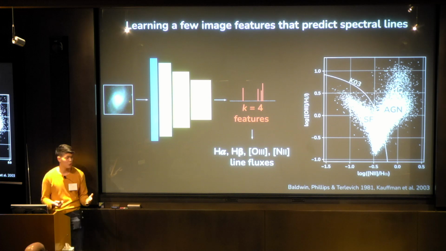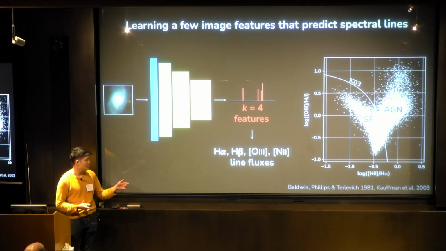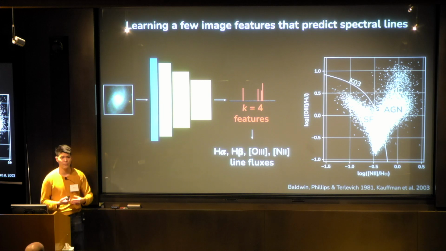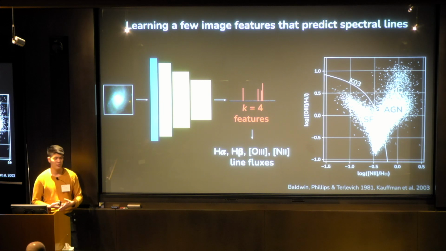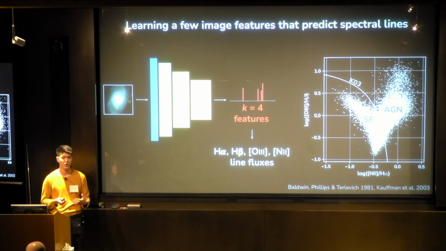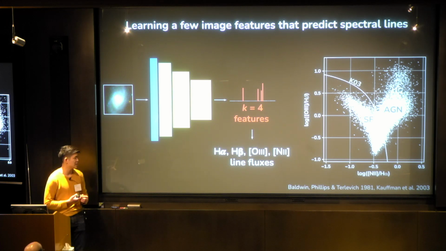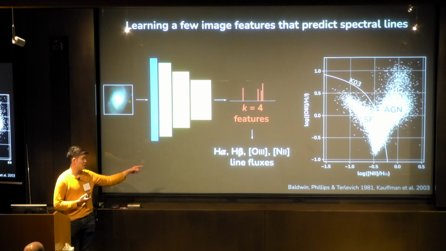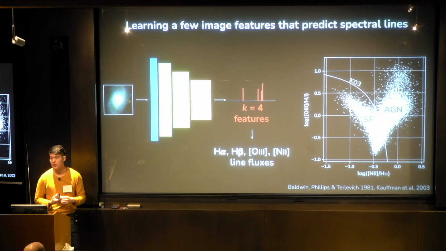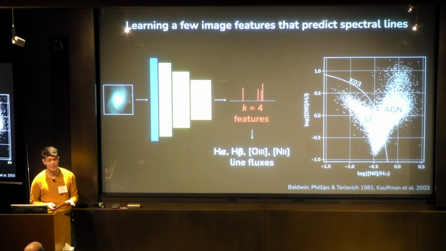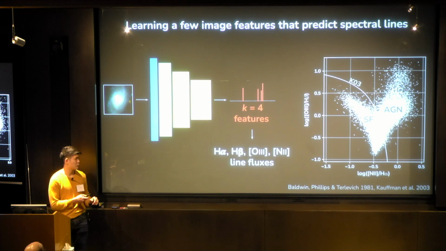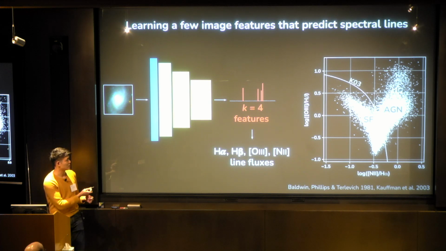This is commonly used as part of a BPT diagram, where you think about the ionization state of the gas, which could come from star formation activity within the galaxy, or it might come from accretion onto a supermassive black hole, or AGN. In fact, if you have higher ionization, more of the O3 over H beta and N2 over H alpha, you tend to get into the AGN regime. There's obviously a lot more complexity than just that, and we'll be able to see some of this as we train the neural net.